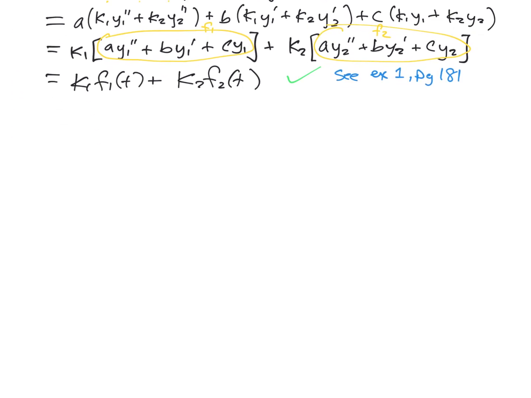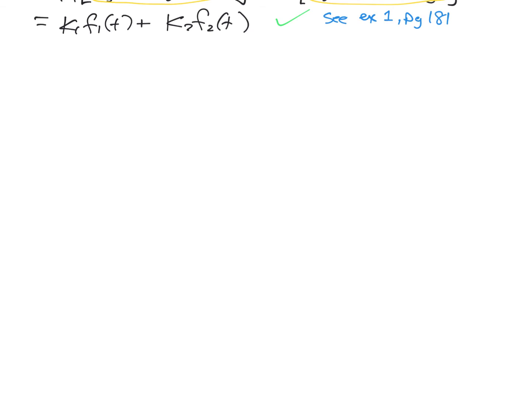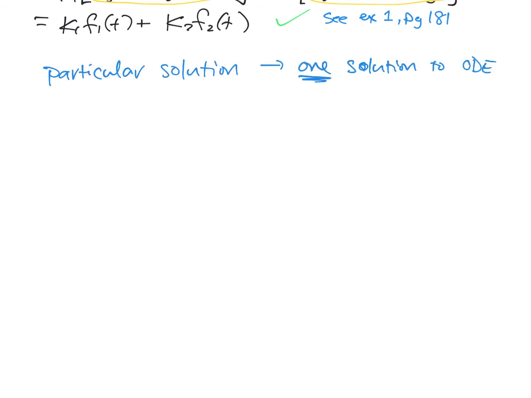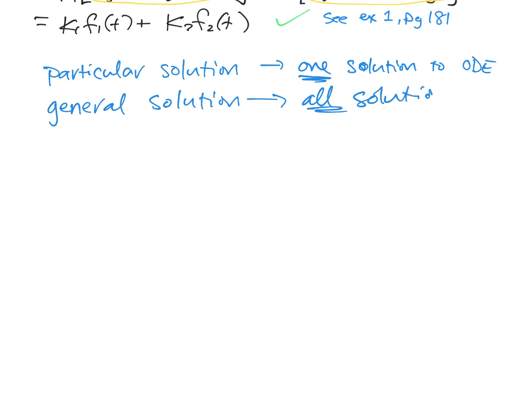Remember, a particular solution, as the name implies, is one particular solution to the ODE. But what's much more general and much more desirable is a general solution, which characterizes all of the solutions to the ODE.